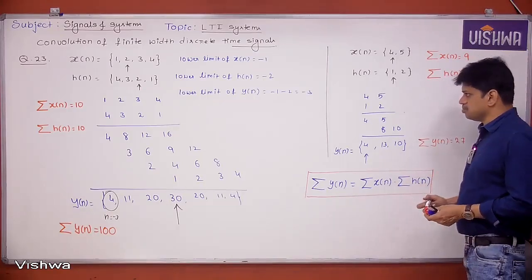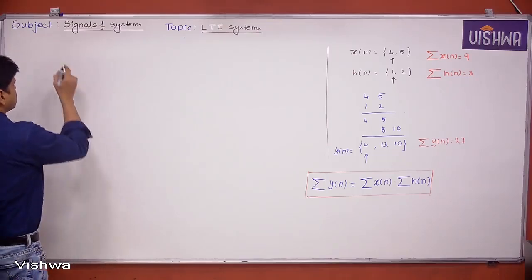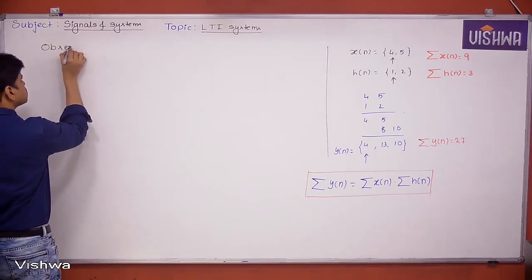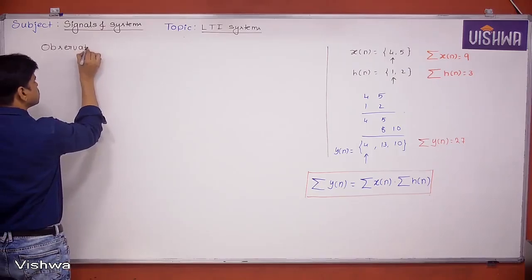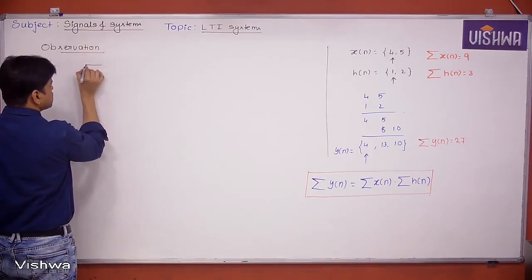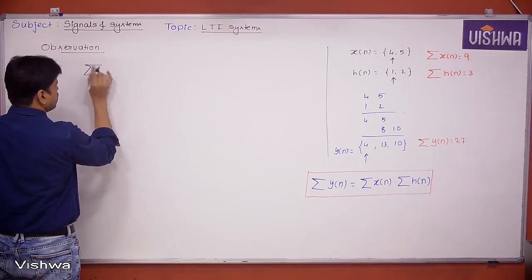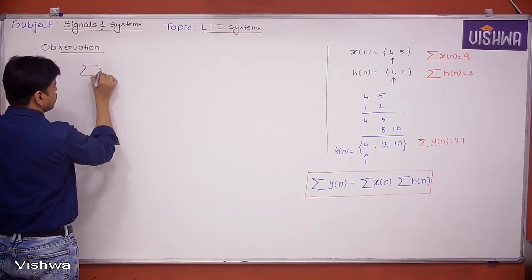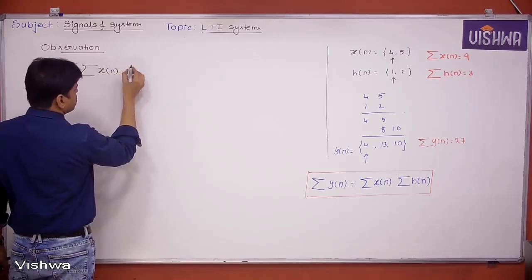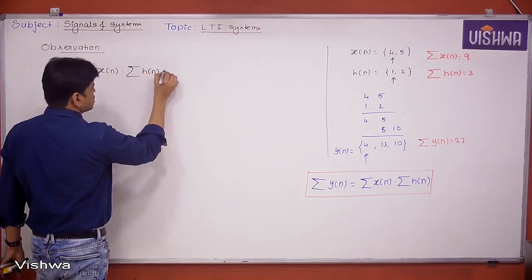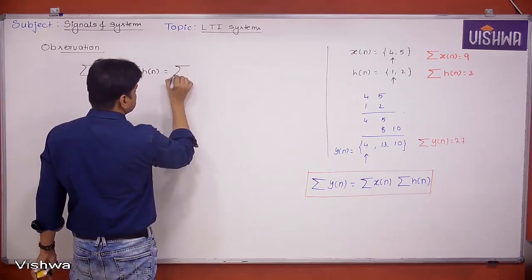Observation, or we can call it a property also: summation x of n multiplied with summation h of n is equal to summation y of n.